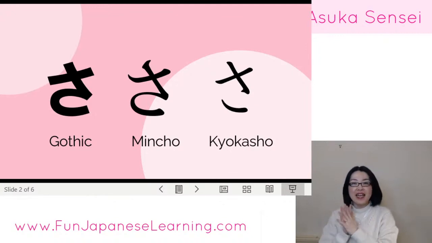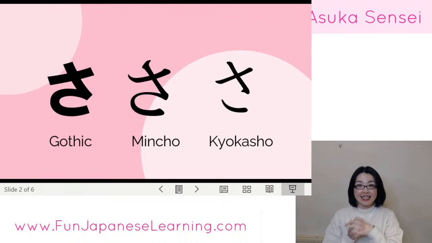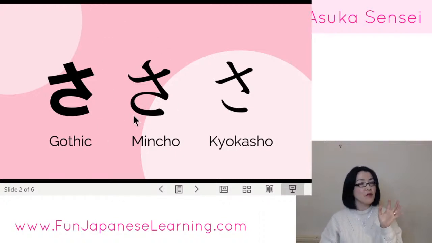Yeah, so this is hiragana letter sa. Okay, sa. If you start learning hiragana, maybe you can recognize. But these three letters look very different, don't they? You can see each letter. These two look a bit similar, and then this one is very different.